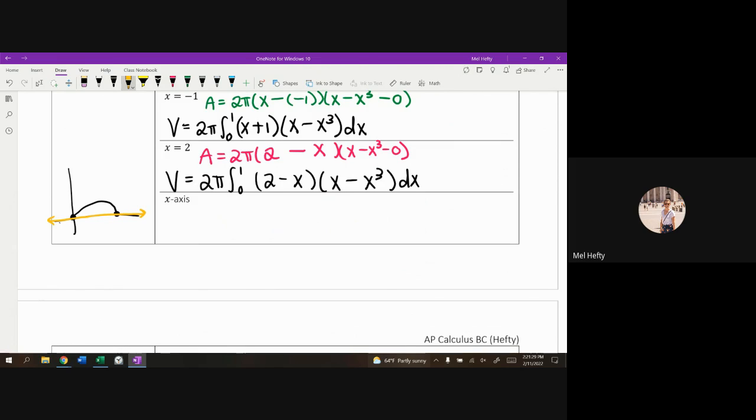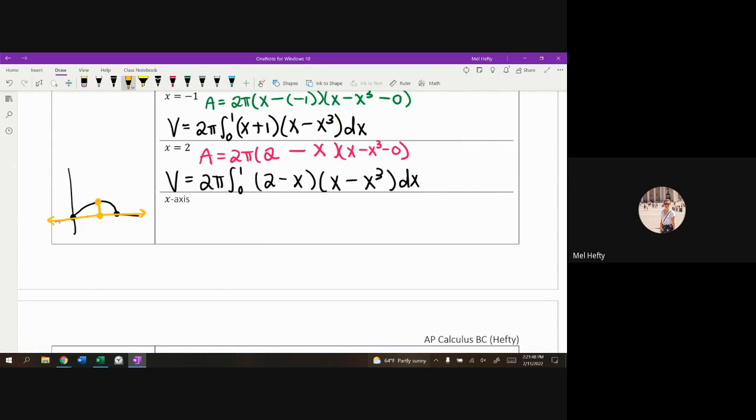All right, didn't we say I have to work in terms of x here? So I have to have my line going up and down if I want to work in terms of x.